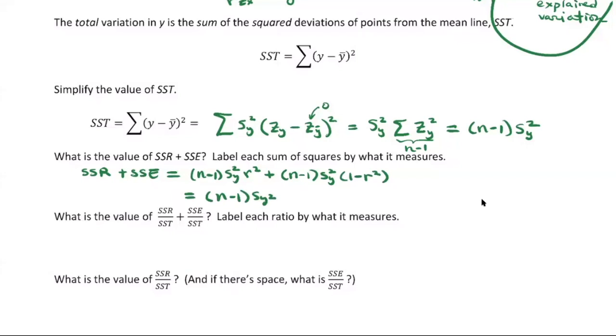And if you look, what's left inside is an r squared plus a 1 minus r squared, and the r squares cancel. So that's just 1 in the parentheses. So what you get is n minus 1 times just sy squared, but that turns out to be SST.